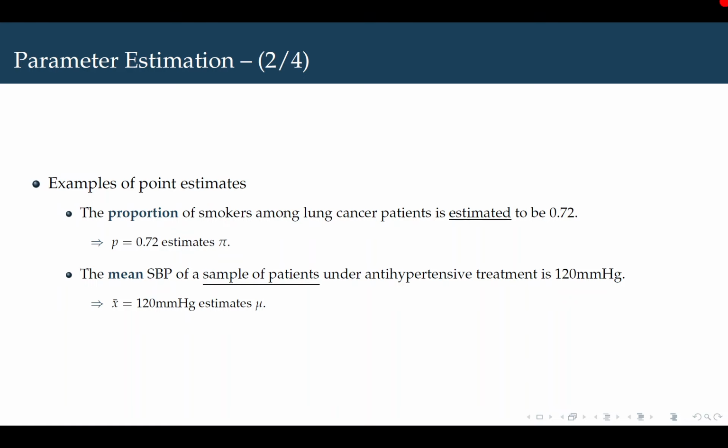So 120 is a point estimate of the population mean mu. And this population mean is nothing but the population mean systolic blood pressure of all patients under antihypertensive treatment. So the formula used to obtain this 120 millimeters of mercury is an estimator for mu, but this single sample value 120 is a point estimate of mu. So point estimation in general is a method of obtaining a single sample value used to estimate the population parameter of interest.